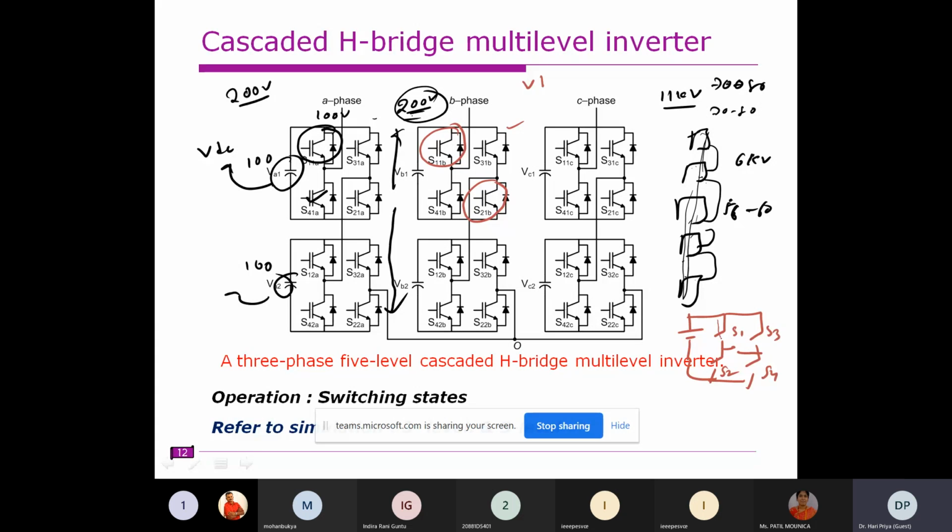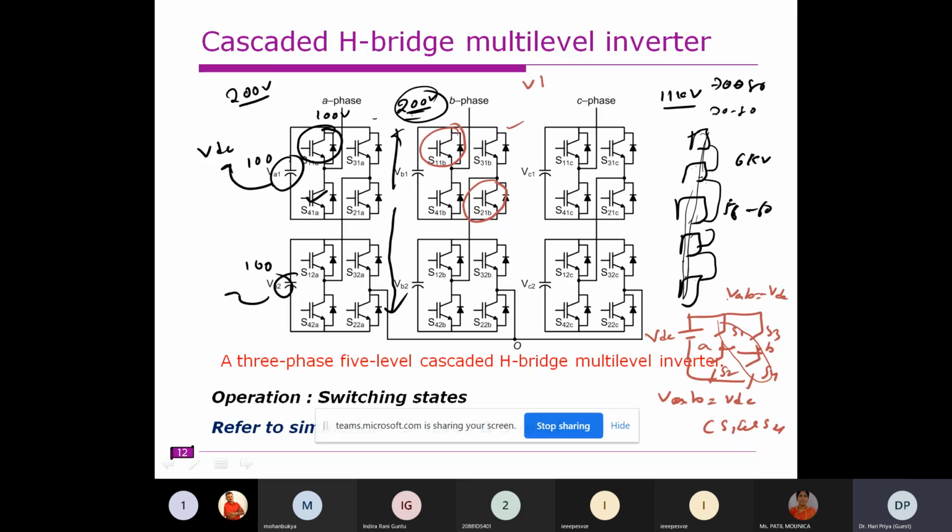When S1 and S4 are on, with this being VDC, let this point be VA and this point be VB. Then VAB will be equal to VDC. Similarly, when we turn on S3 and S2, VAB will be equal to minus VDC. That you know very well.